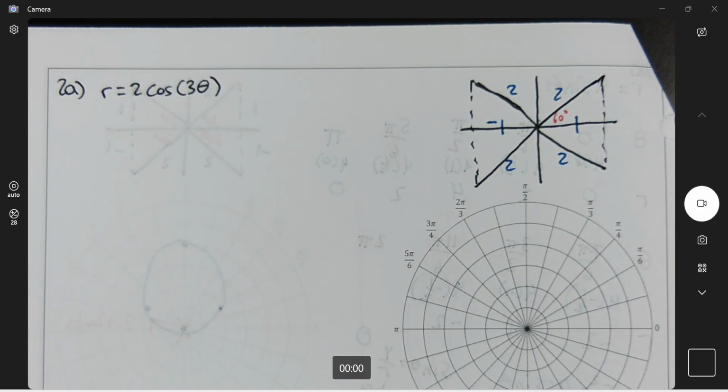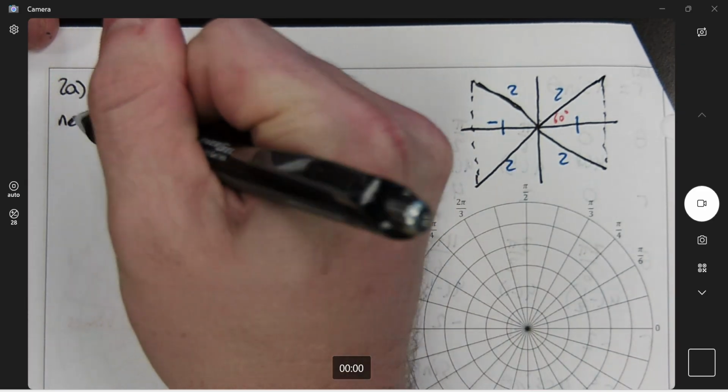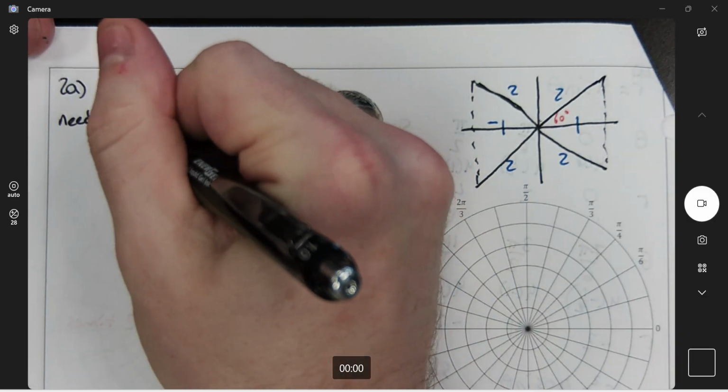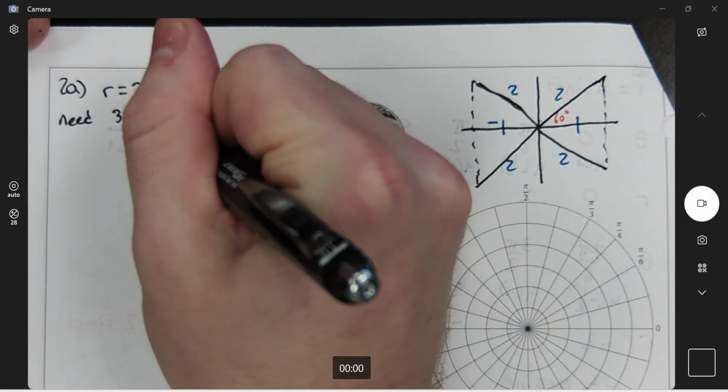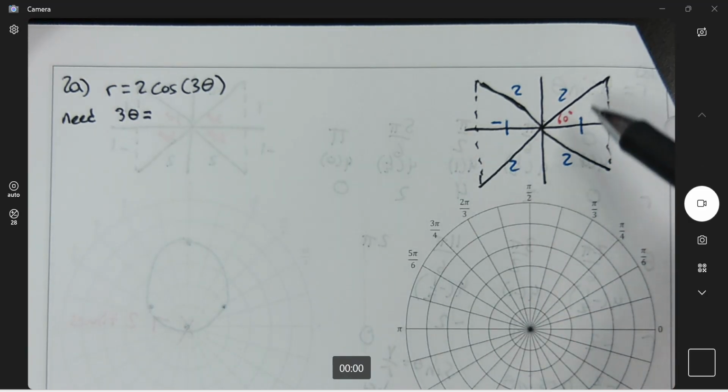So here's what we need to occur. In order to make this easy for us, we need our argument to have the values that you see here. We need it to be these 8 values.